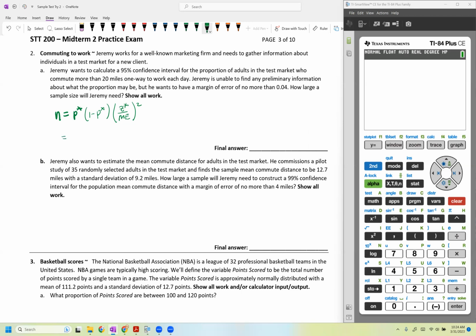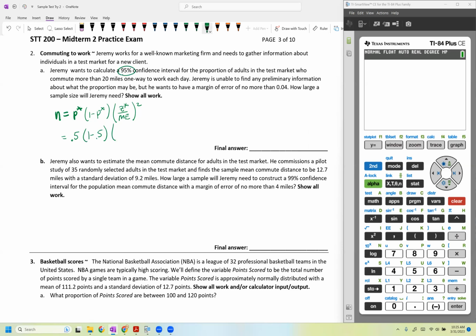P star is either a proportion given from an earlier study or 0.5. 0.5 is what's called the worst case scenario. Since there was no previous study, we are going to use 0.5 and 1 minus 0.5 here.